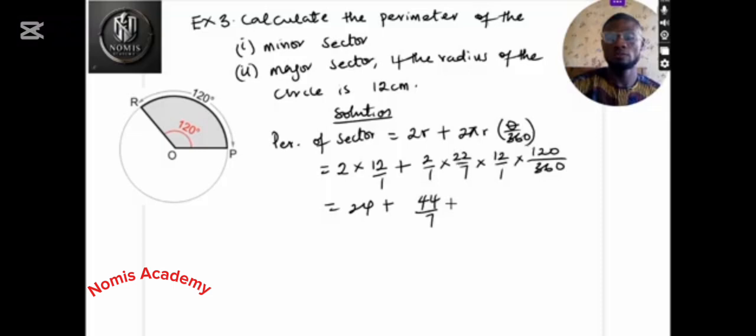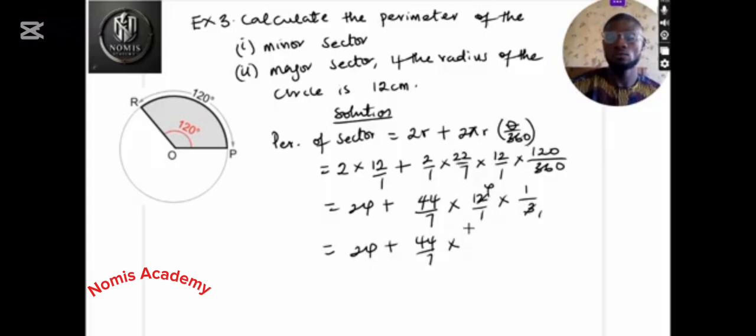over 7 multiplied by 12 over 1 multiplied by, I can reduce this to its lowest term to be 1 over 3. So from here I can say this is 24 plus 44 over 7 multiplied by, I can reduce this 3 here 1, 3 here 4, so multiply by 4 over 1.